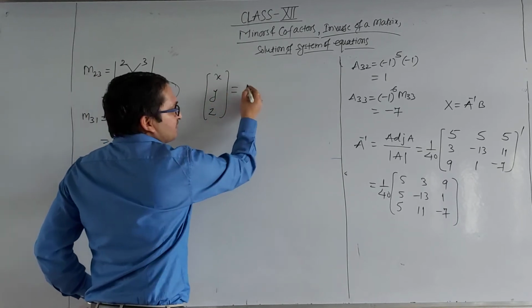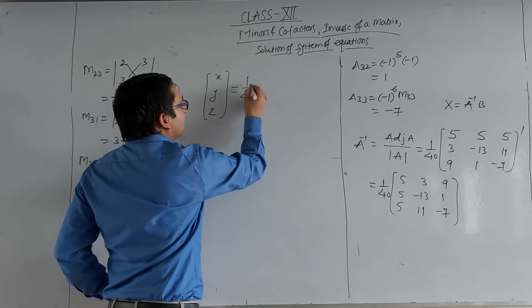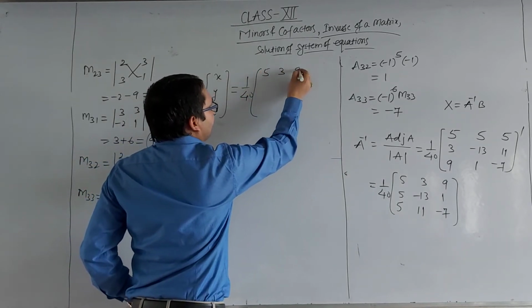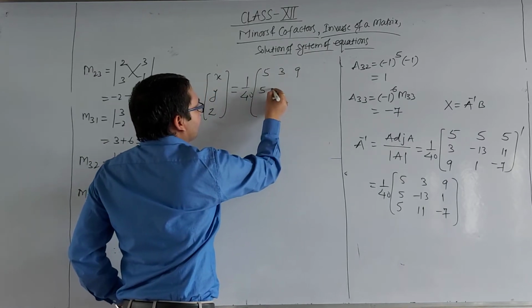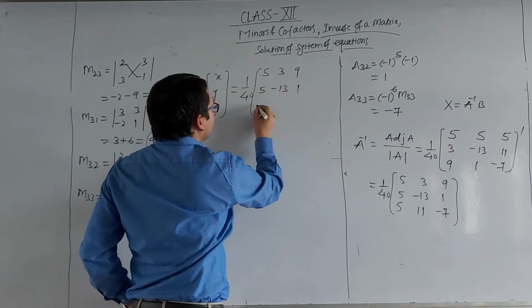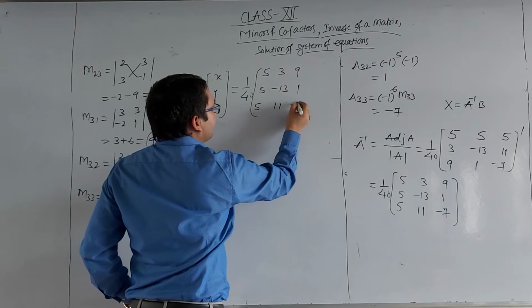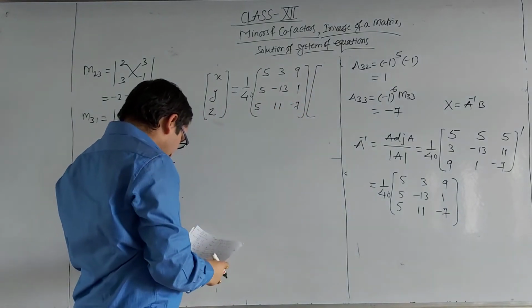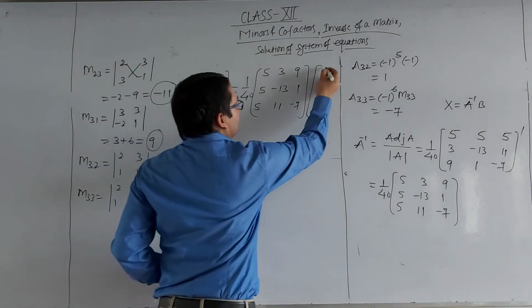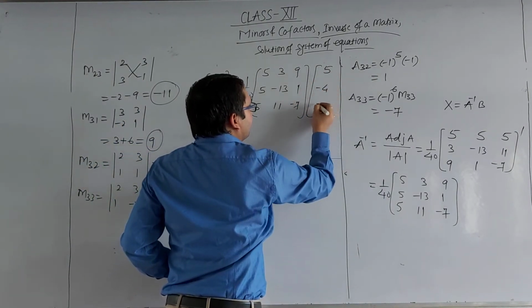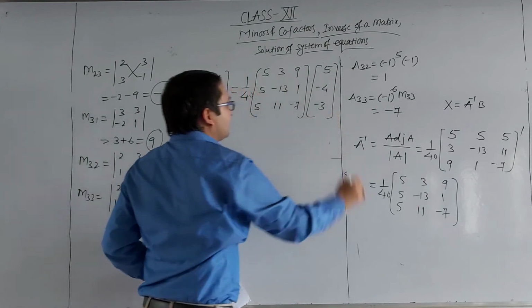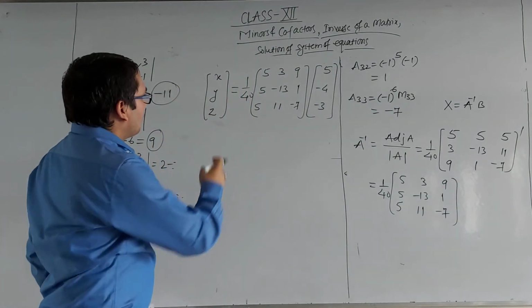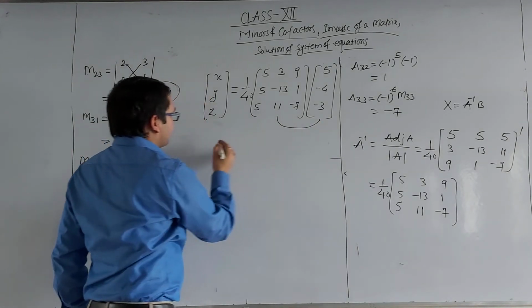A inverse is 1 upon 40 times 5 3 9, 5 minus 13 1, 5 11 minus 7, and the value of B will be 5 4 minus 3. Already B means the right hand side constant values of the equations. Now we need to multiply these two matrices.